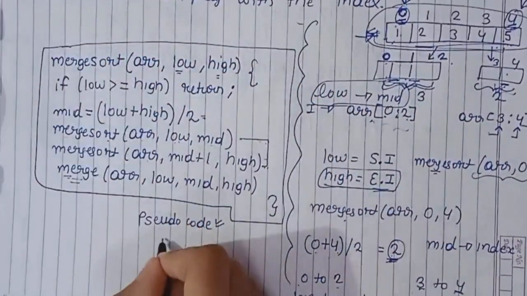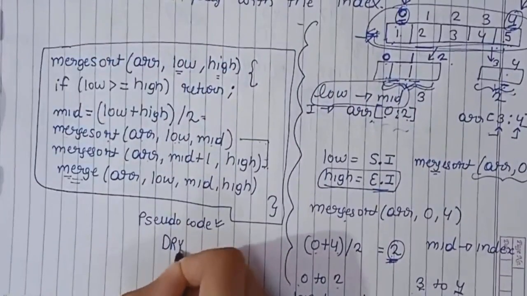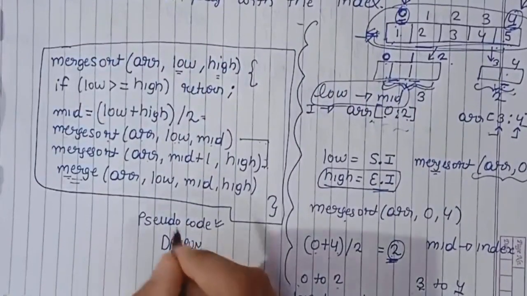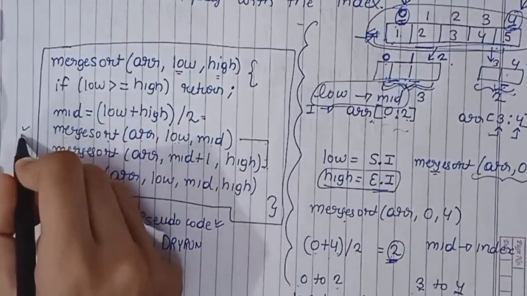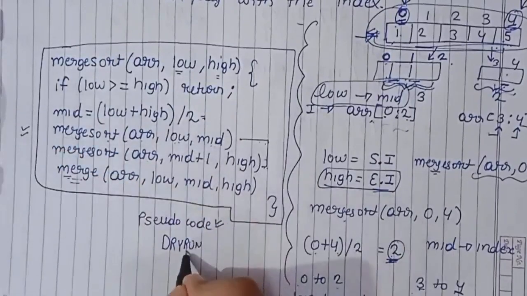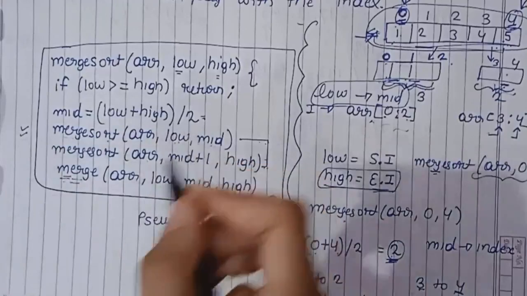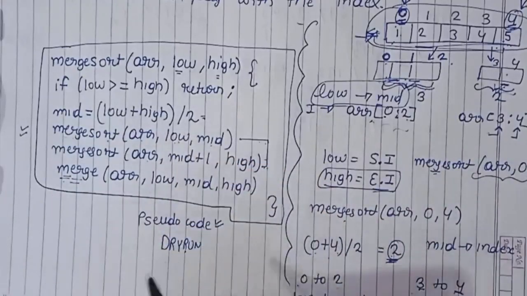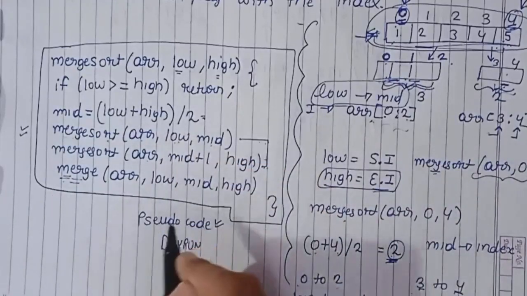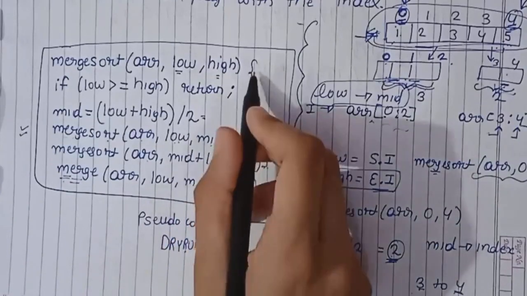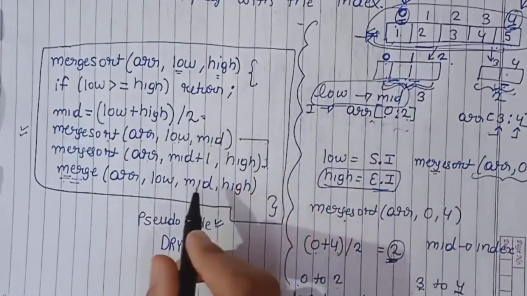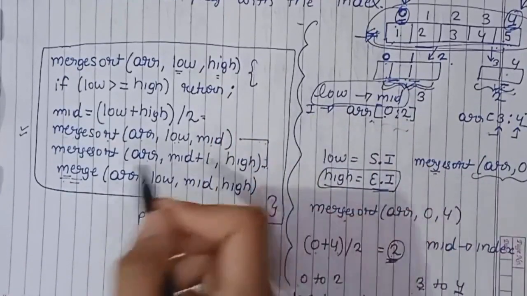And now we will move on to a dry run so that we can understand how this pseudocode is working. And after the dry run we will move on to the code of the merge procedure. So let us do a dry run and understand how this code literally works for a given array.